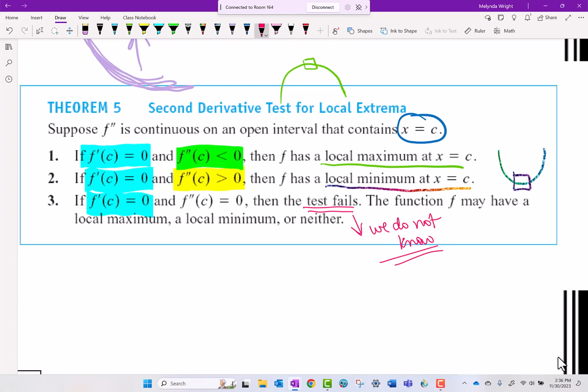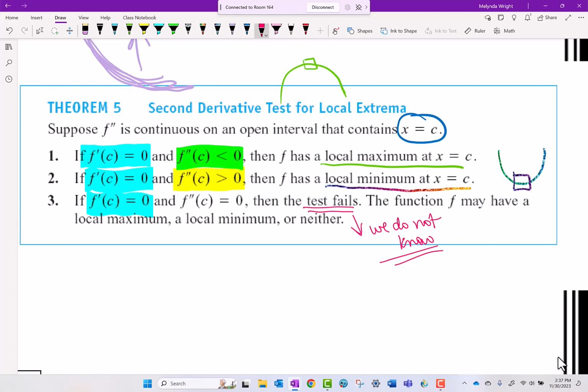So basically the test fails, which is one of the reasons this is not my go-to test, because it can fail. Sometimes they can force us to use this test because they love this test, but sometimes it fails. So I'm just throwing that out there.